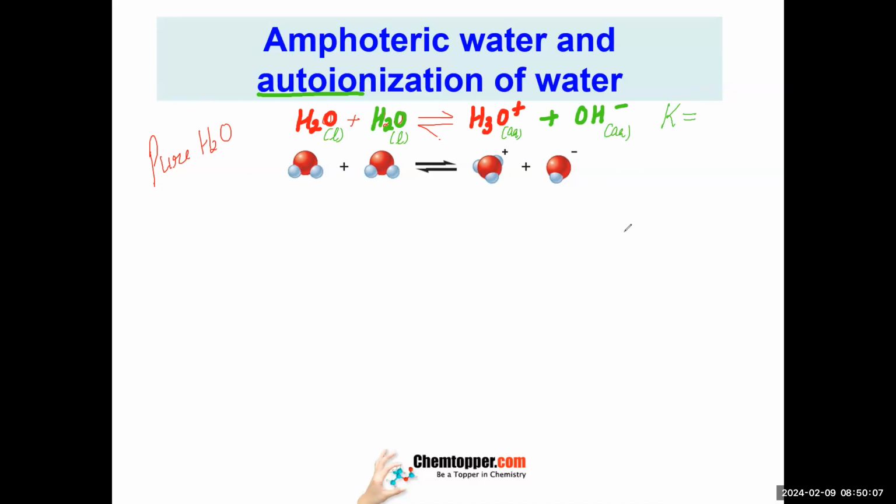The equilibrium expression, which I'm going to call Kw, is the water dissociation constant, the water ionization constant. By the time I'm writing this, can you give me the expression for Kw?